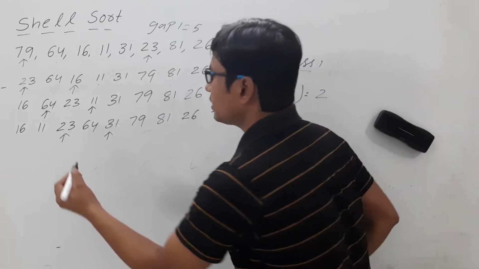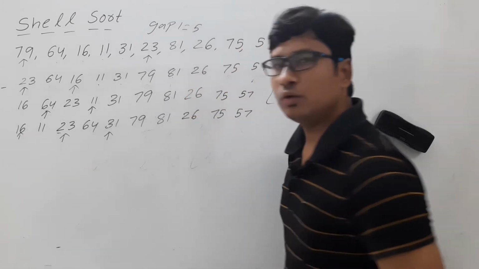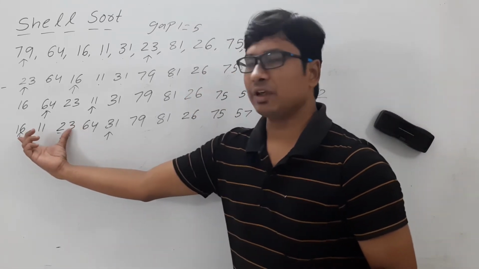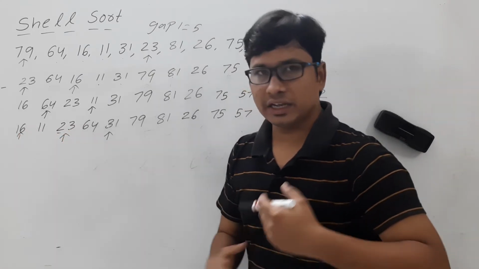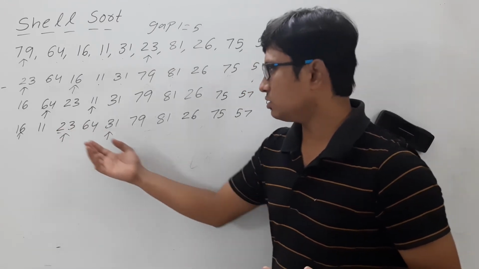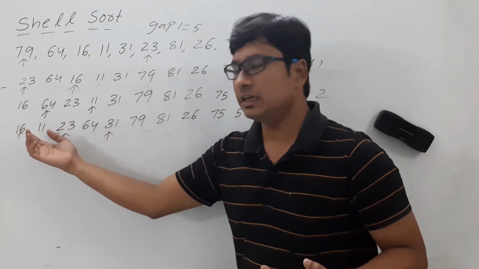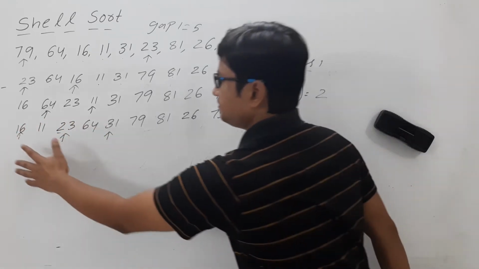If you look at it, 23 with a gap 2 is 16. 16 is less than 23, so I no need to perform any swapping. So when the gap is 2 or less, you need to look in the backward direction also. Is it clear? Are you able to understand? If the element is there in the backward direction also, you need to look at it.